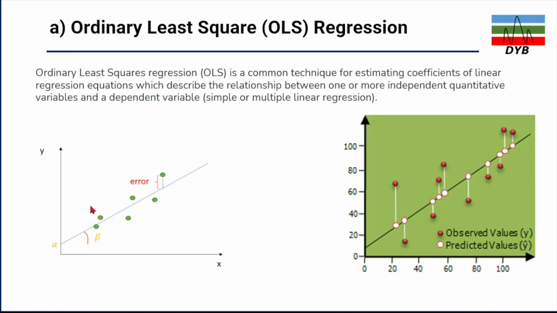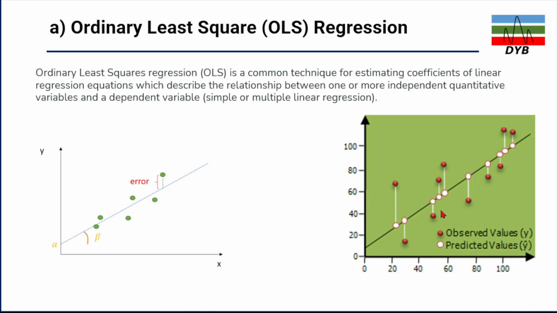On the left side figure, you can see this is y and x. We have the point data, but here the regression line passes through. Ordinary least squares regression is the method of calculating the difference between the observed data and the predicted data. The objective of this algorithm is to find the difference between these two.